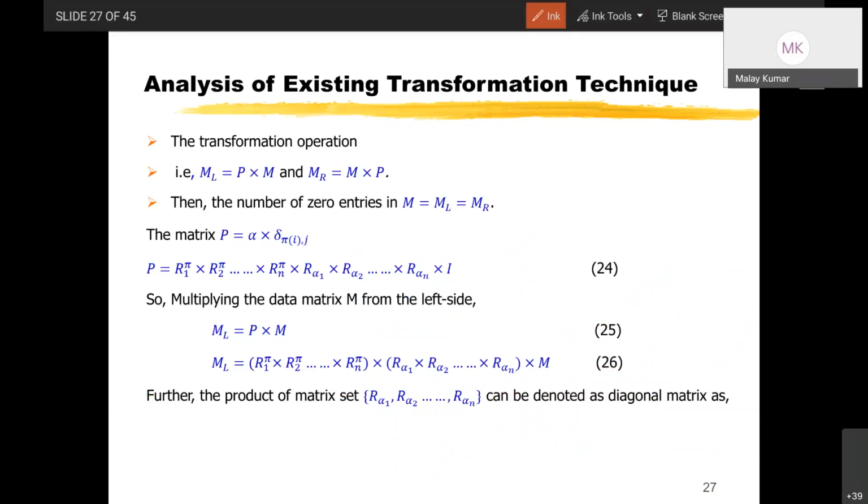So if there are zero value elements in M and zero value elements in the right matrix, either you are applying the square side, if the data values have zero entries, even after the multiplication this condition holds.